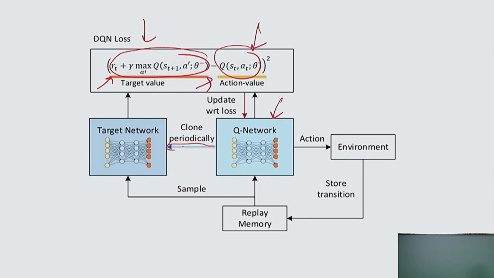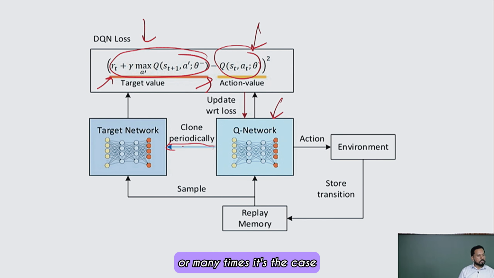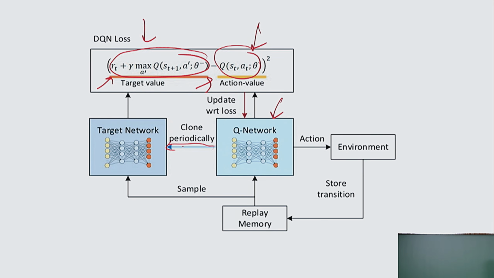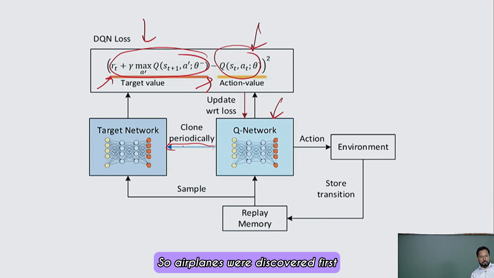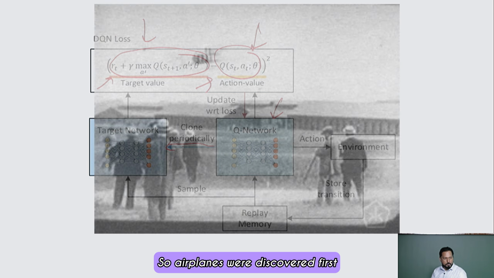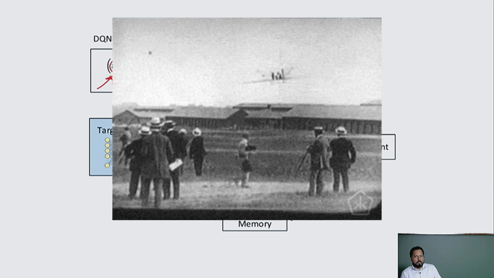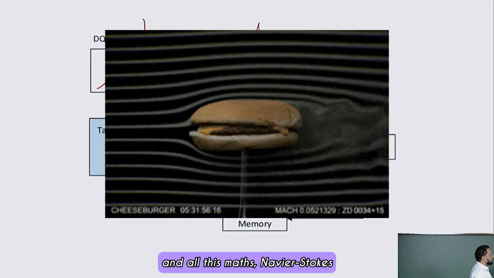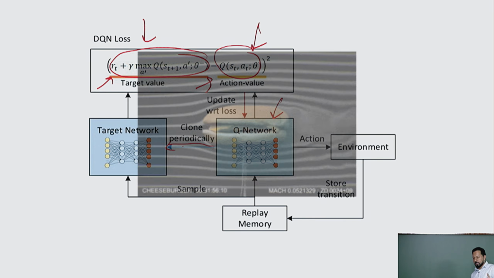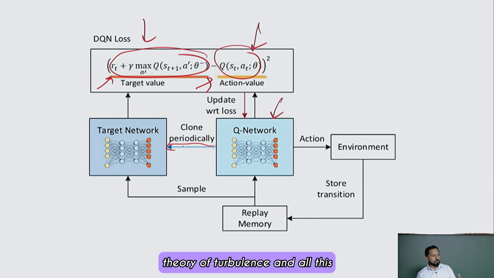As an initial thing, usually, or many times, engineering comes first and theory comes later. So you have to have an open mind that you will play. There are many things like this. Airplanes were discovered first by engineers, and then theory came later: all this aerodynamics and maths, Navier-Stokes, the theory of turbulence.